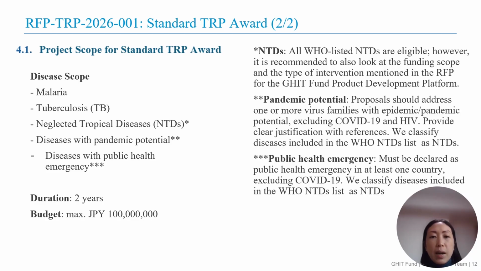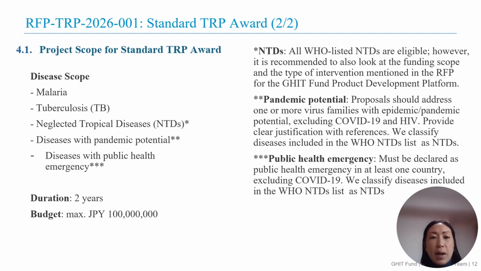If you plan to apply for our product development platform after completing your TRP project, please carefully consider the transition. We will explain later, but PD has stricter requirements in general, and specific interventions for specific diseases might be out of scope.